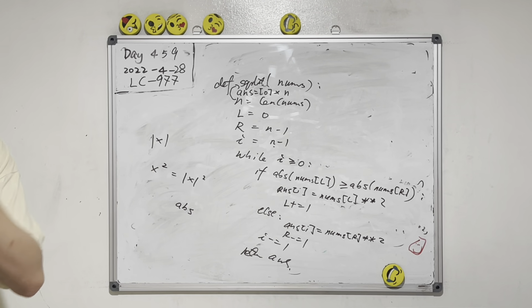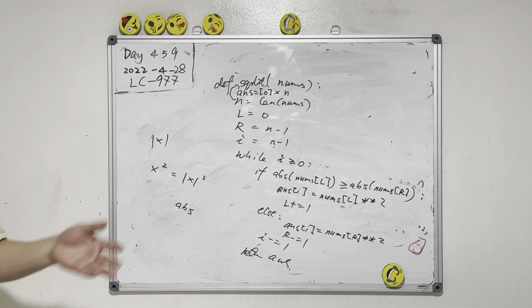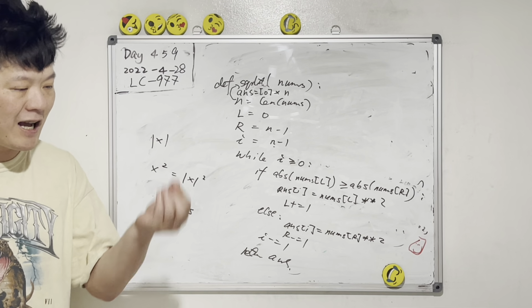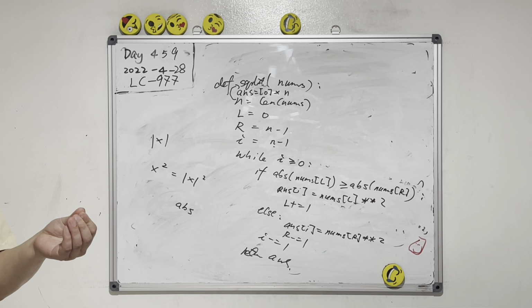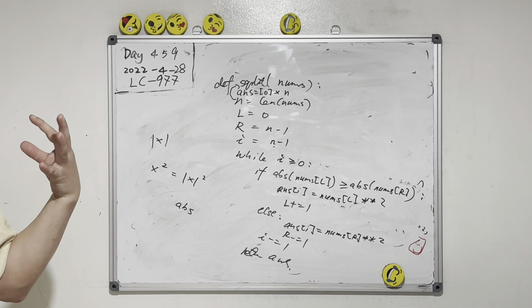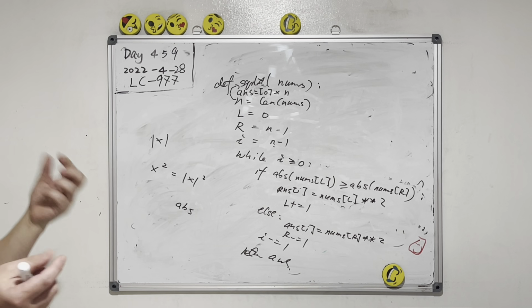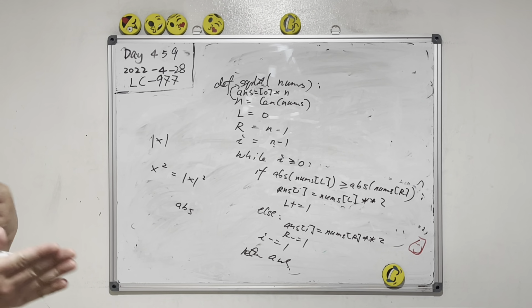Why is that? Because we're making use of the fact that the original array is already sorted. Every time we take a number, we want to find the largest square, and it can only be at two places: on the left, the smallest, or on the right, the biggest. So we have two pointers. We pick the one that gives us the largest square, and then we move the pointer.